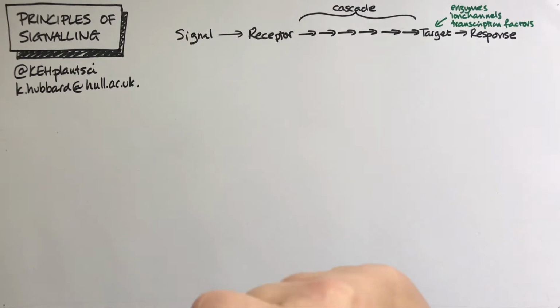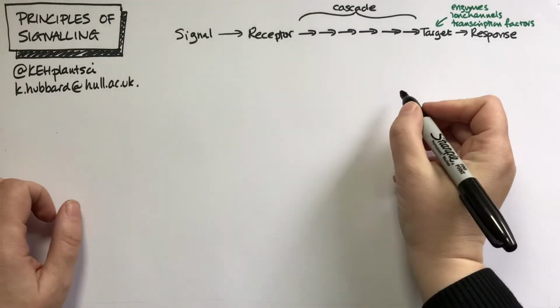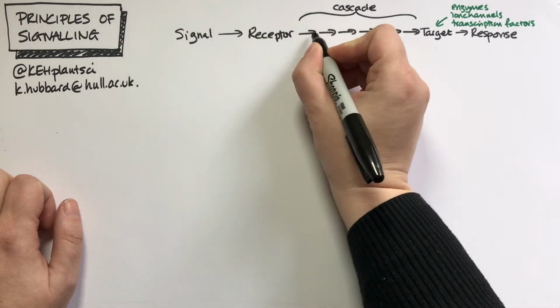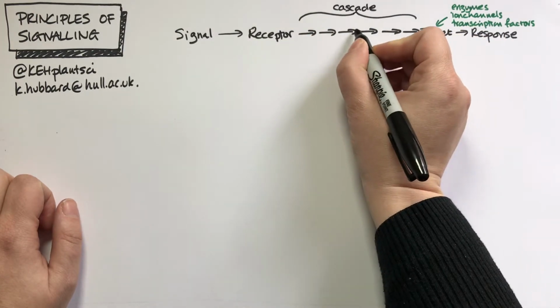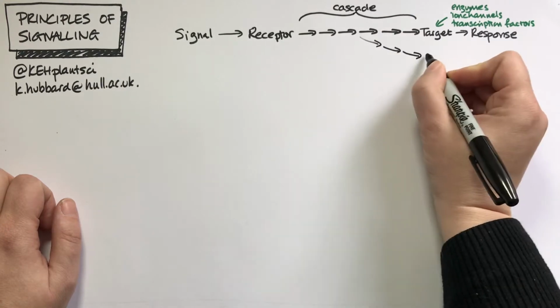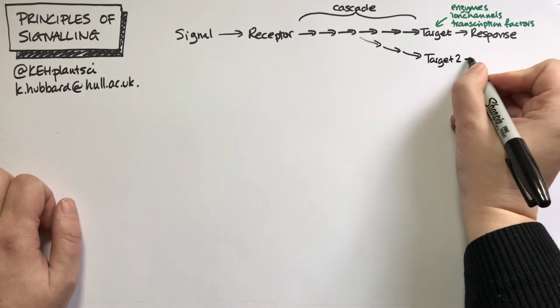But often it's a little bit more complicated than that, in that we don't just have linear pathways, we can have whole signalling networks. So it might be, for example, that the receptor activates these processes, but at this point we have a protein that activates multiple different proteins.